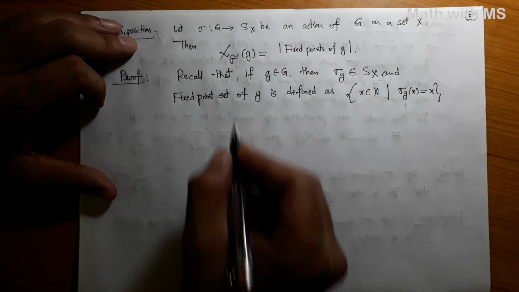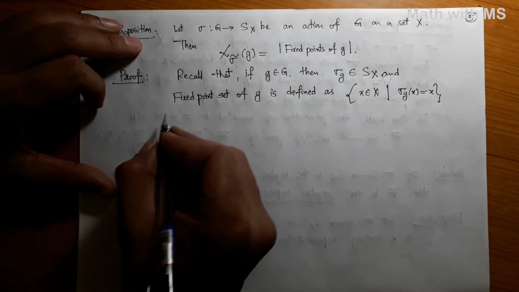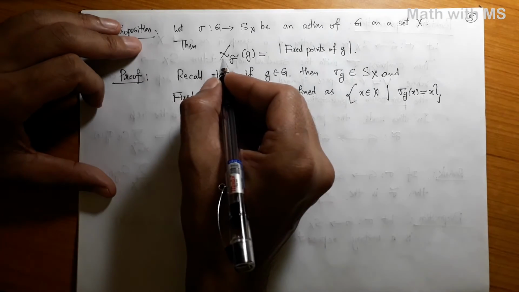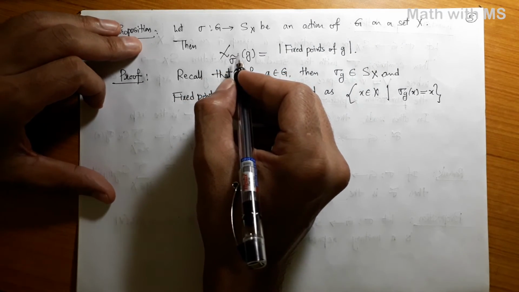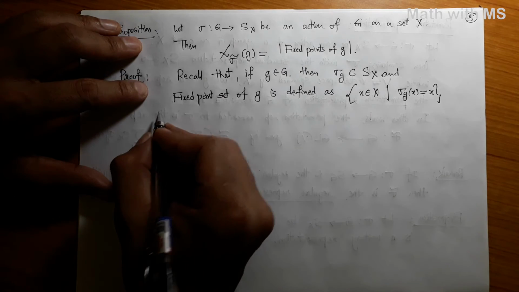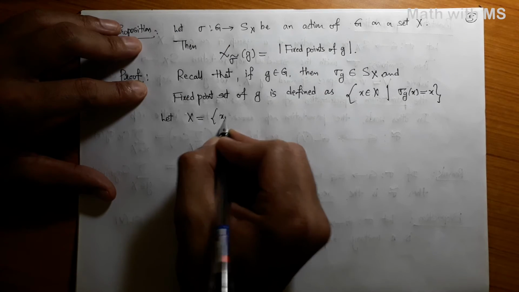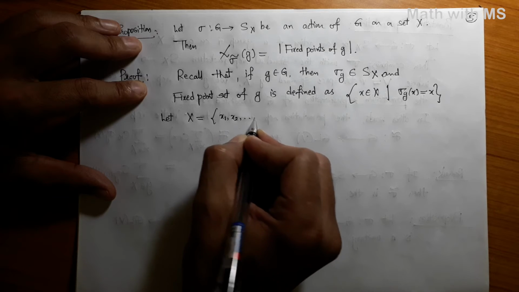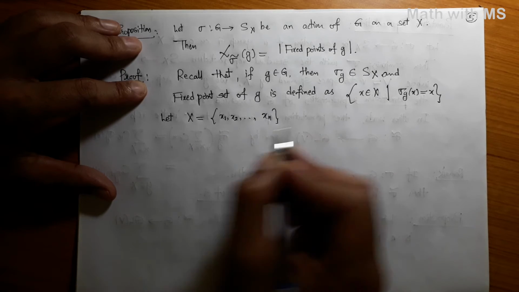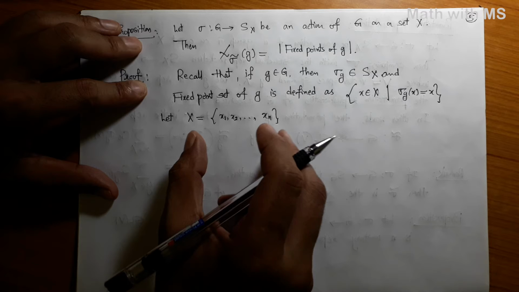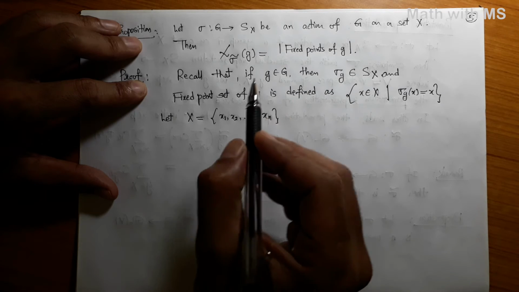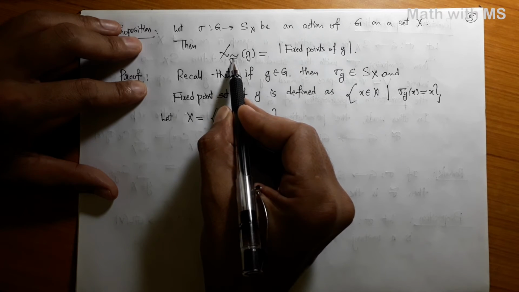Okay, let's try to figure out the character. Recall that the character is the trace, so we need to see how the matrix looks like. So fix a basis. Let X equal, say, x1, x2, and so on, let us say xn. Then this X is also a basis for the underlying vector space of the permutation representation sigma tilde.